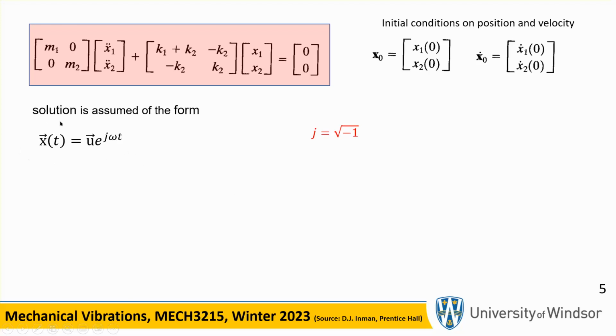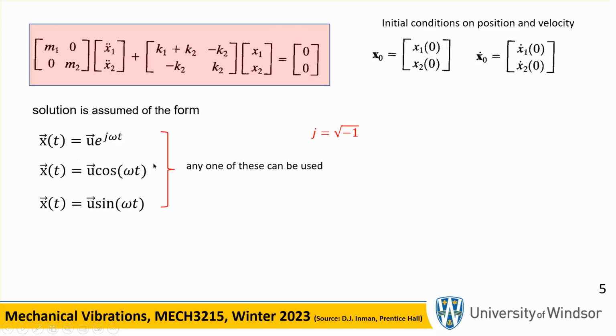There is no reason why we should go to complex solutions. We could have said vector x equals a constant vector times cosine of omega t, or vector x equals a constant vector times sine of omega t. I could get away not using complex numbers at all, just use it like that.